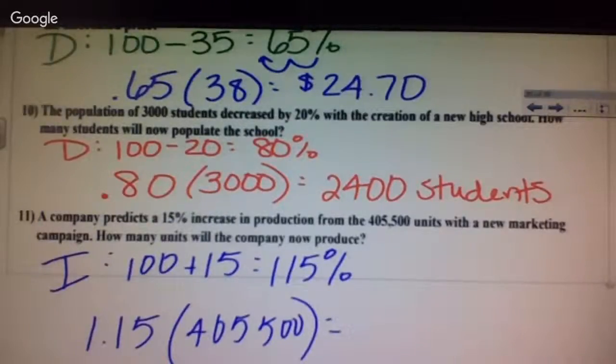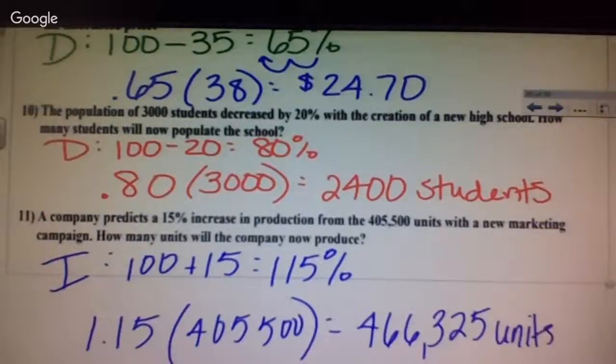How much are we producing this year? 466,325 units.